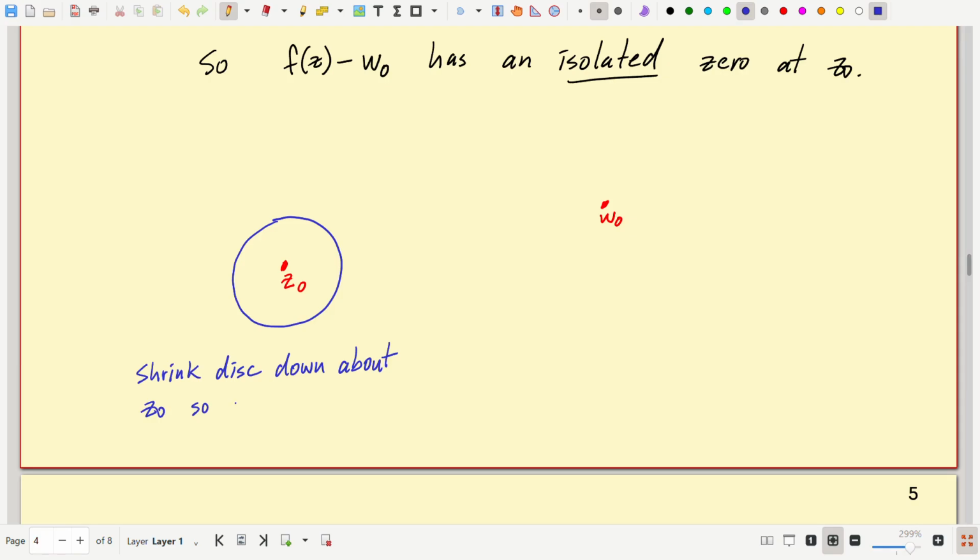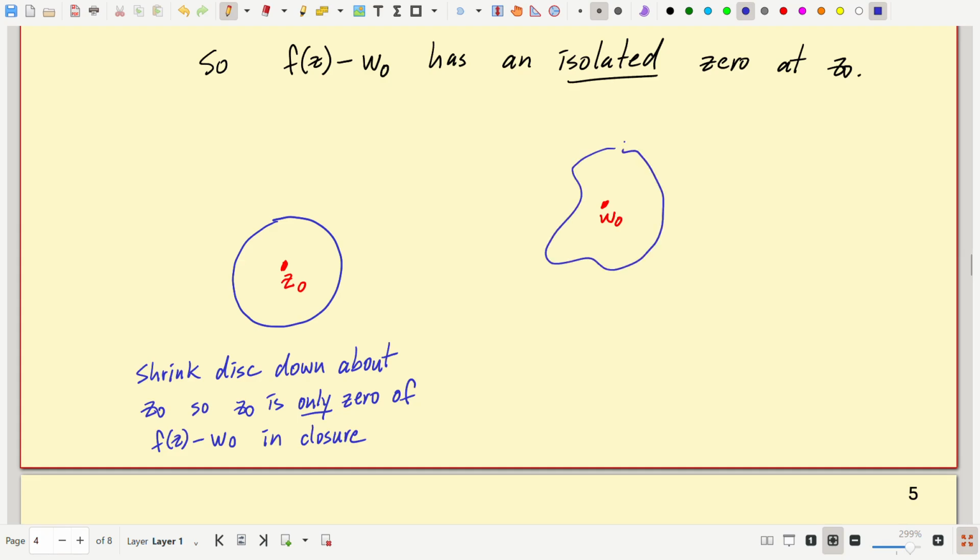So z naught is the only zero of f of z minus w naught in the closure, so even on the boundary. So that would mean that that blue circle would get mapped. Let's call this C. This would be f of C.